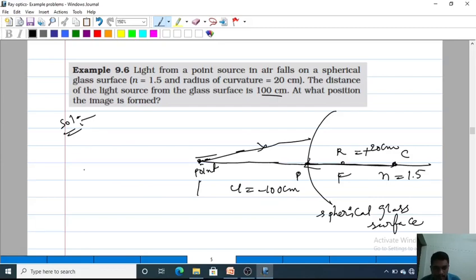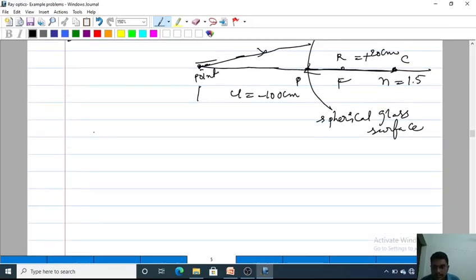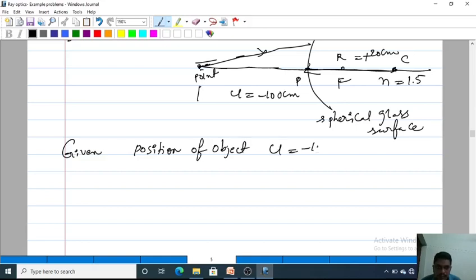So given what is given to us, I'll write neatly here. Given that the position of the object u is equal to minus 100 centimeters.